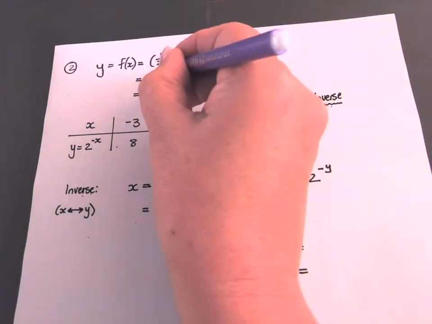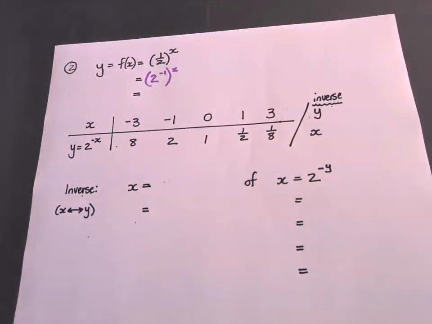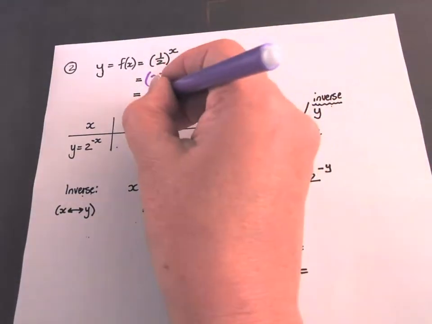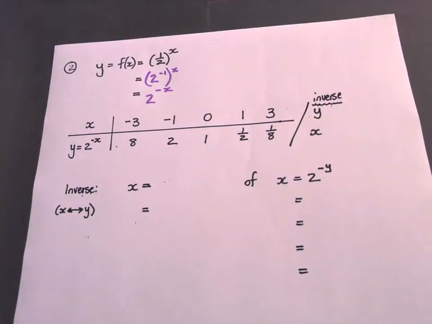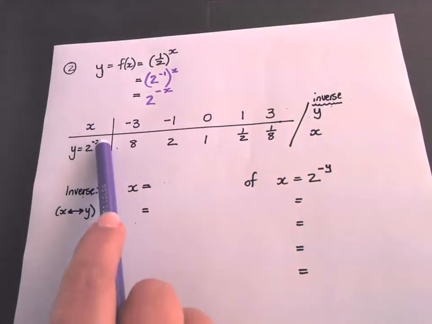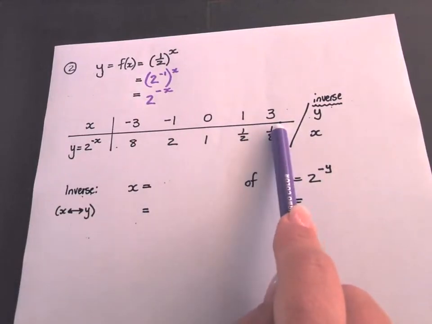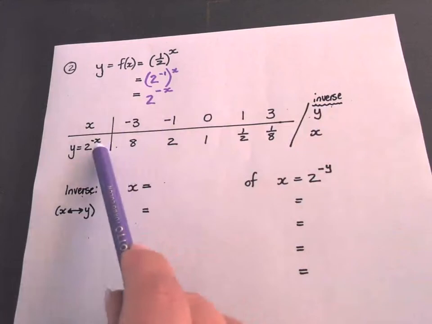So it will be 2 to the power of negative 1, to the power of x. And that equals 2 to the power of negative x. And I use that function to draw my table. And to get the inverse, I just swapped the x and the y's.